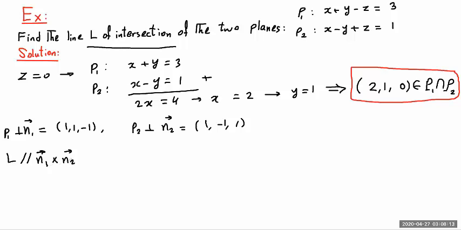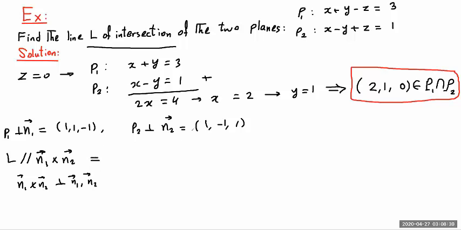Then remember that the vector n1 cross n2 is orthogonal to n1 and also orthogonal to n2. So the line L will be parallel to the vector n1 cross n2.